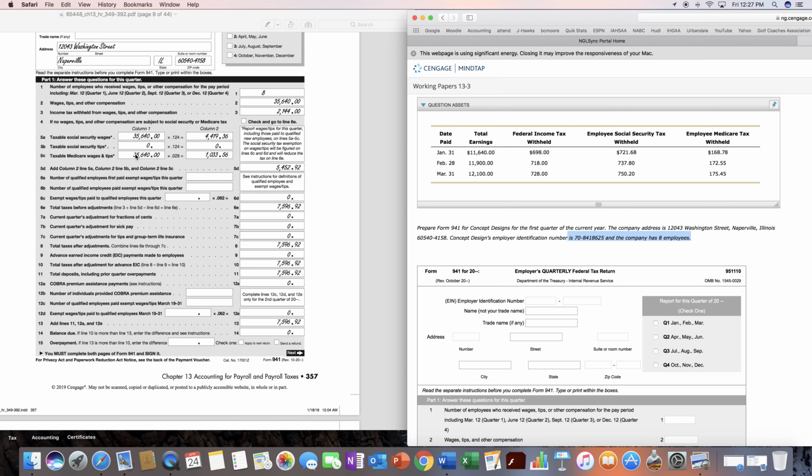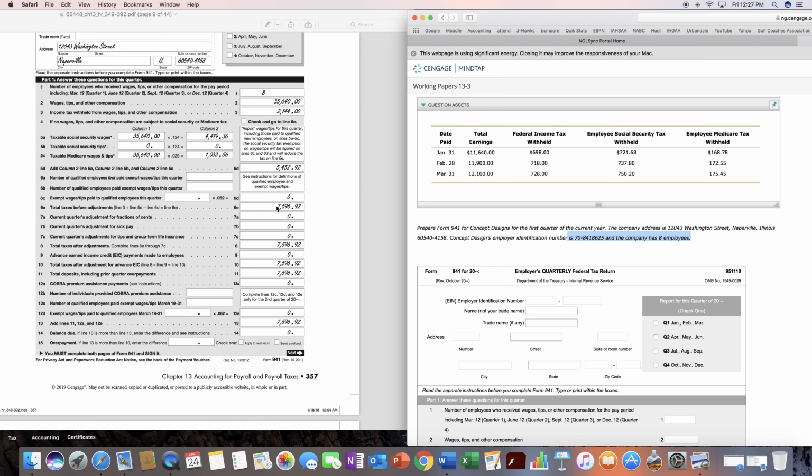Instead of multiplying 35,640 times 1.45% times 2, they're just taking 1.45% and doubling it. We add these numbers up, add up Social Security and Medicare wages, and you end up with this number. Again, we don't have tips.